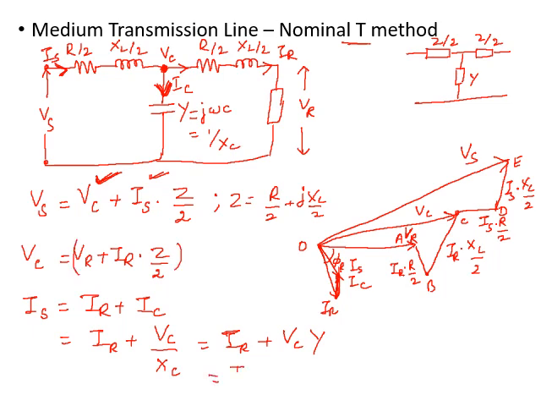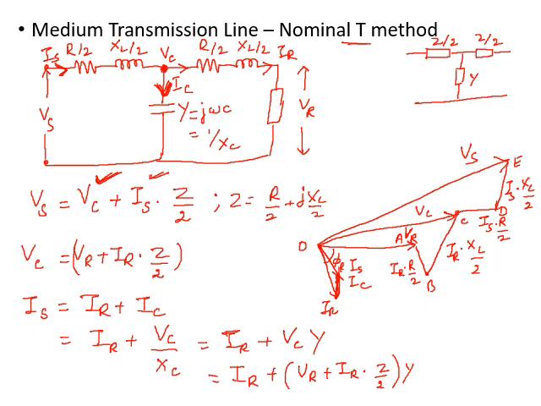Substituting in Is, IR plus Vc, which is VR plus IR into Z by 2, into Y. So now doing the inner multiplications, we get IR plus VRY plus IR into YZ by 2.